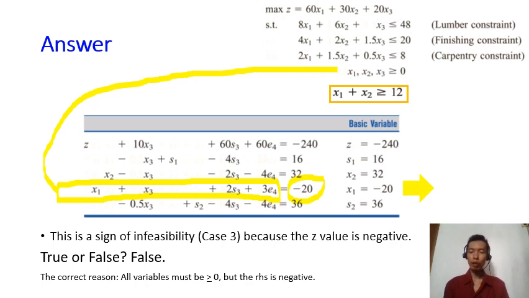So the value of the variable must be non-negative. The coefficients, they are all non-negative, but then the right-hand side becomes negative. So it cannot happen, right? On the left, everything is non-negative, but the result on the right becomes negative. So that's why this is the sign of infeasibility. It's not because of the z value.